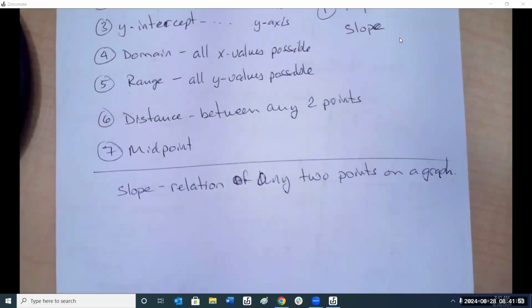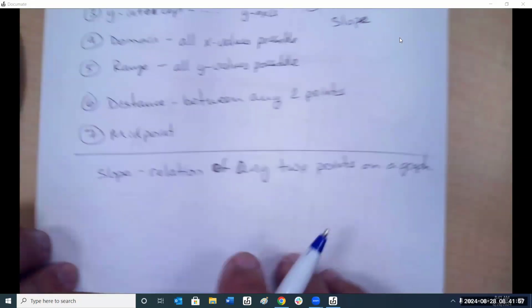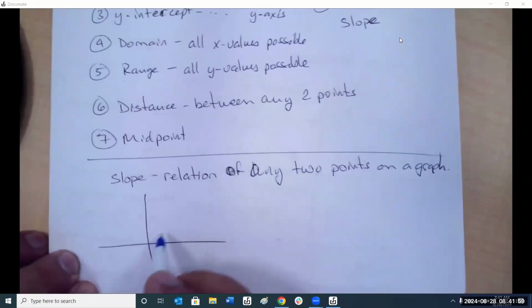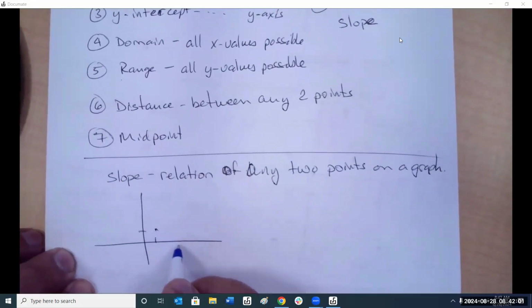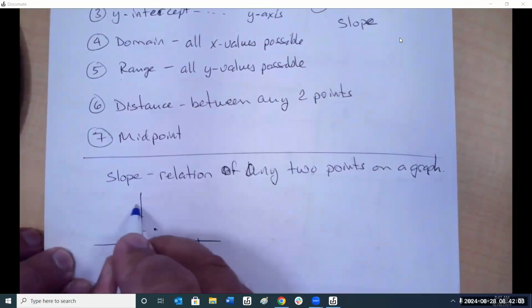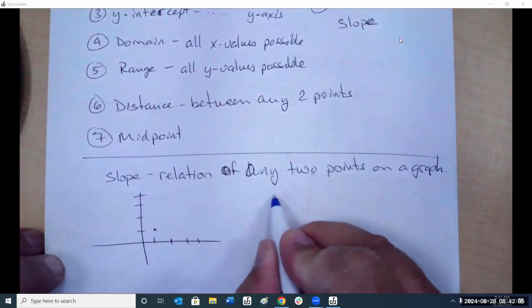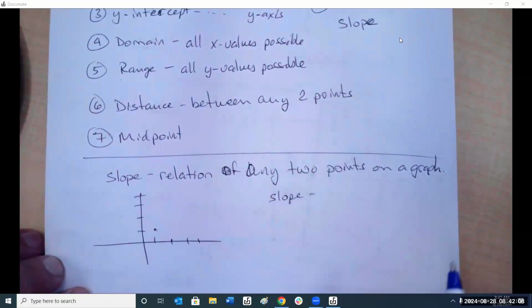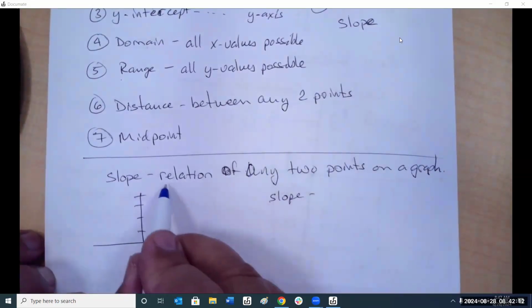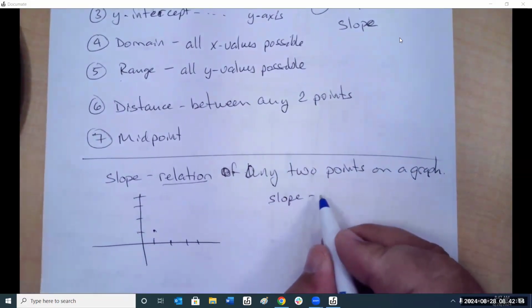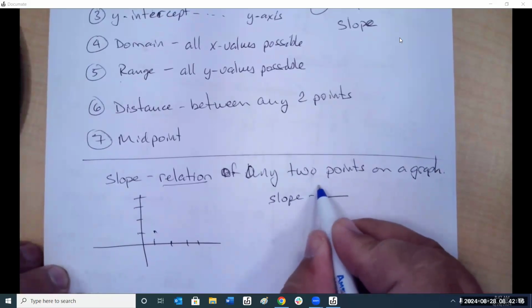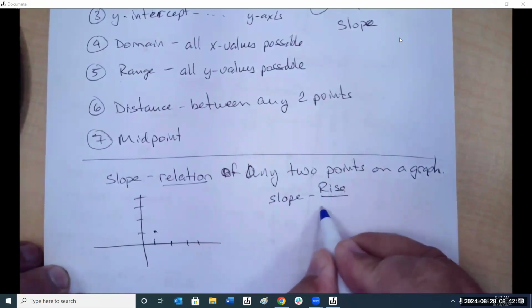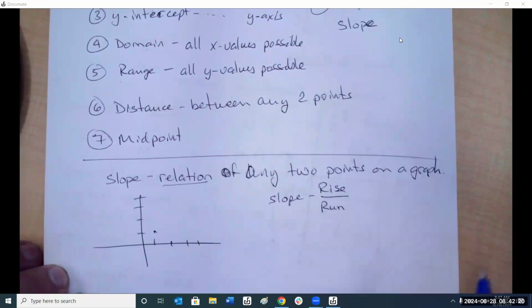If it's a line, it's constant. How would you define slope in words? Because I'm saying it's a relation. You said it earlier. Oh, rise and run. Rise over run.